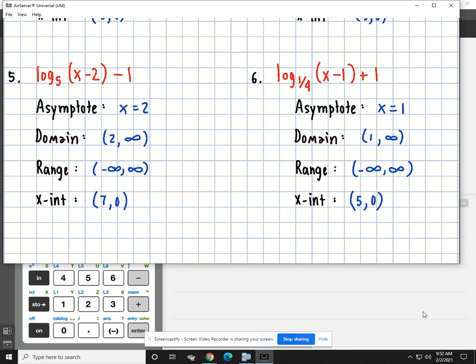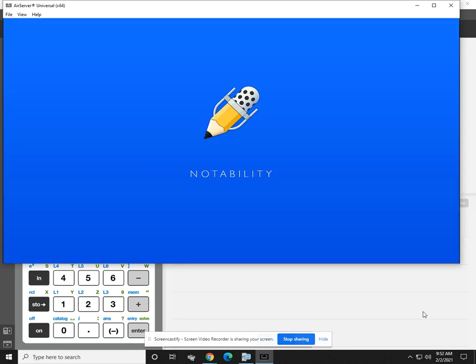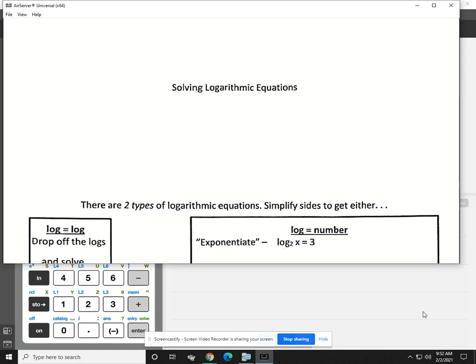So today, we are going to solve logarithmic equations. And here's the beauty of this lesson. We've already kind of talked about it in one sense. You remember when we were solving exponential equations?